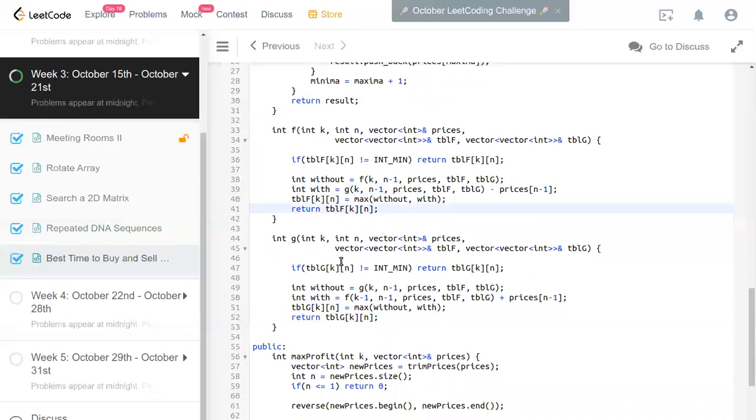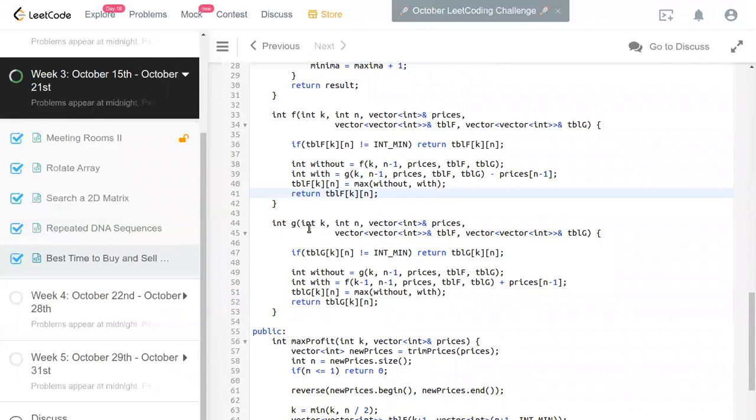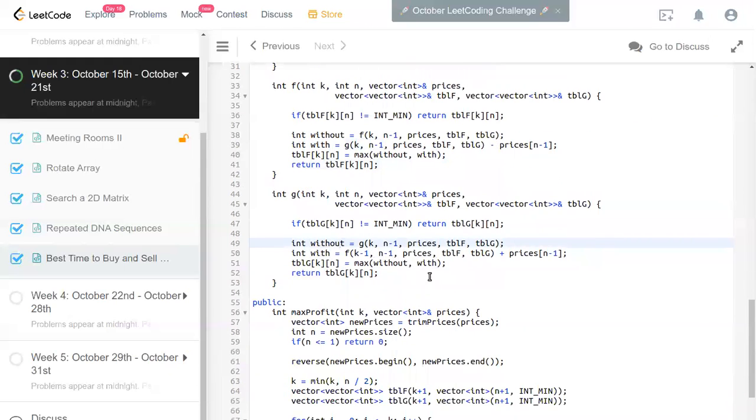And the g function works in a similar way, that's also g of k comma n. And if it is already solved, I'm going to return it. If it is not yet solved, I'm going to solve. Again, with and without. Without essentially is don't sell, and with is sell. So if I don't sell, it is g of k comma n minus 1. But if we sell on that day, we are going to get a gain of prices of n.